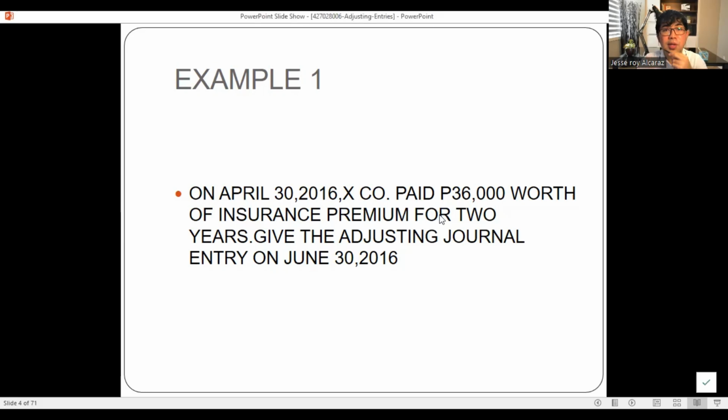And take note, mubuhat ta og adjusting entry, June 30, 2016. So the first thing na we need to determine is unsa kadugay ang journal entry padulong sa period of adjustment. So, April 30 man na siya, so we no longer include April. So, magsugod ta og ihap sa May and then June.